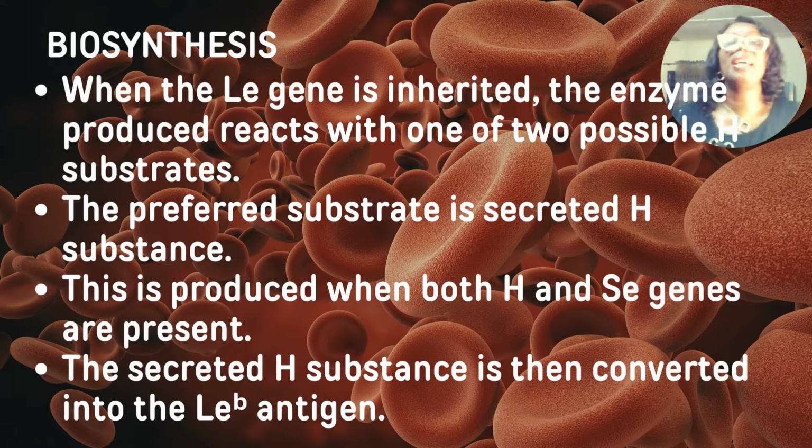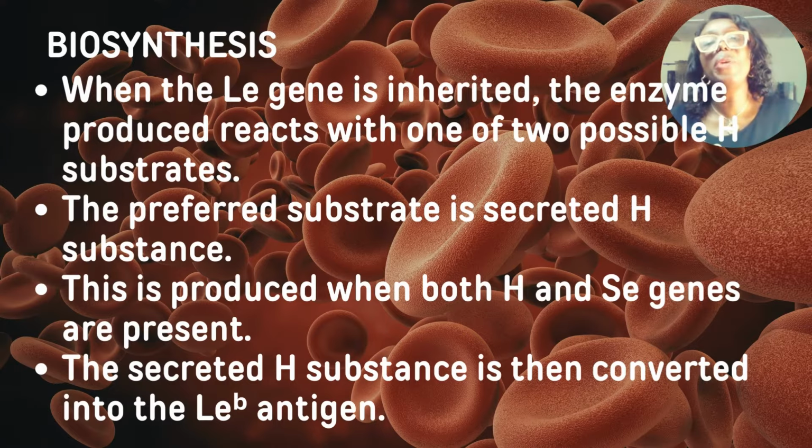So the enzyme produced by the Lewis gene reacts with the secreted H substance and converts it to Lewis B. The Lewis B antigen is produced when an individual has a functional Lewis gene and, in addition, a functional H gene and a functional SE gene.